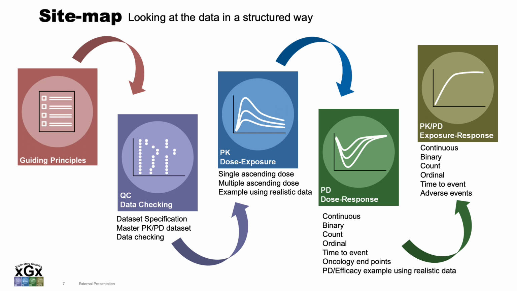The XGx website is organized based on the general flow of PK/PD exploration, starting with data checking, PK, PD, and then PK/PD data exploration at specific pages. Within the PD and PK/PD pages, we provide examples based on the different PD data types, including continuous, binary, count, ordinal, time to event, and we also have a specific page for oncology endpoints.